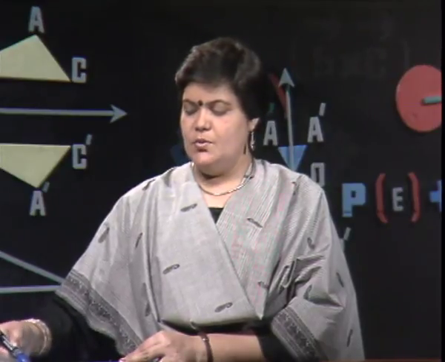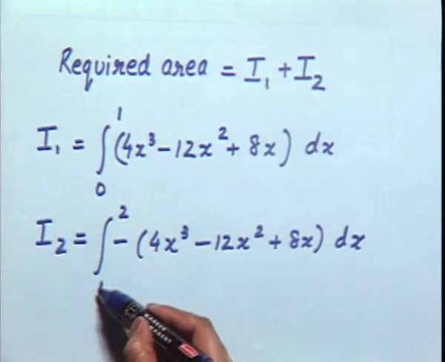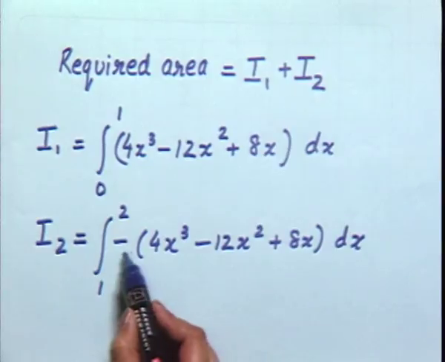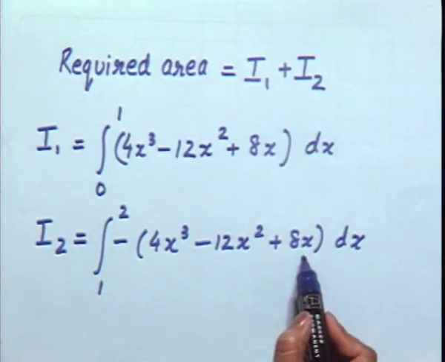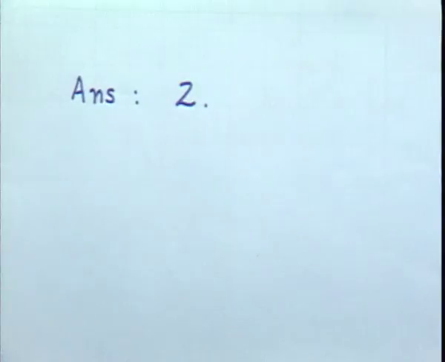So, from 0 to 1, you have the same function. I2 will vary from x equal to 1 to x equal to 2, and the function is taken with a negative sign. And integrating, solving it out, check if the answer comes out to be a simple 2.